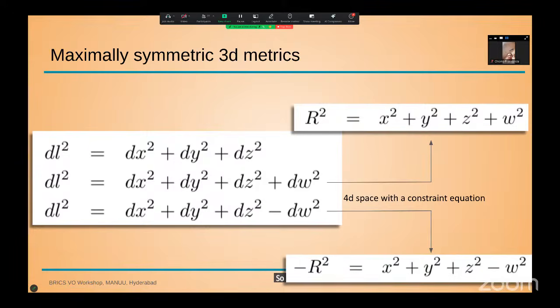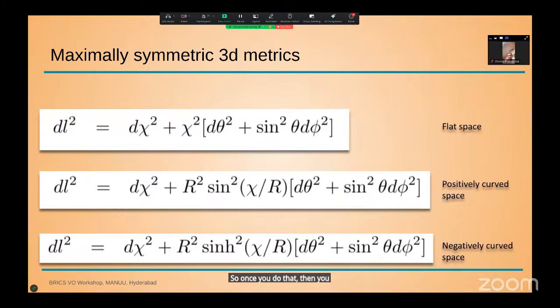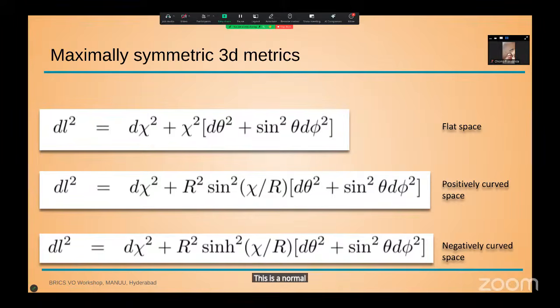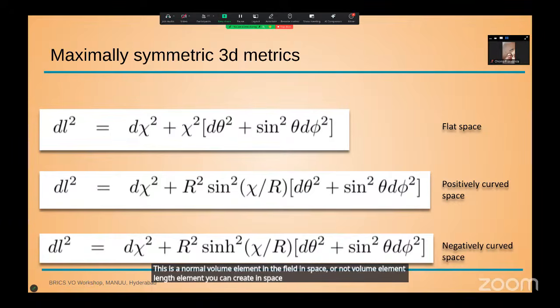So once you do that, you will end up with equations which look like this. For flat space, things will be very familiar to you: d chi square or dr square plus r square times d theta square plus sin square theta d phi square. This is the normal length element in Euclidean space, but in spherical geometry. That happens. Right?